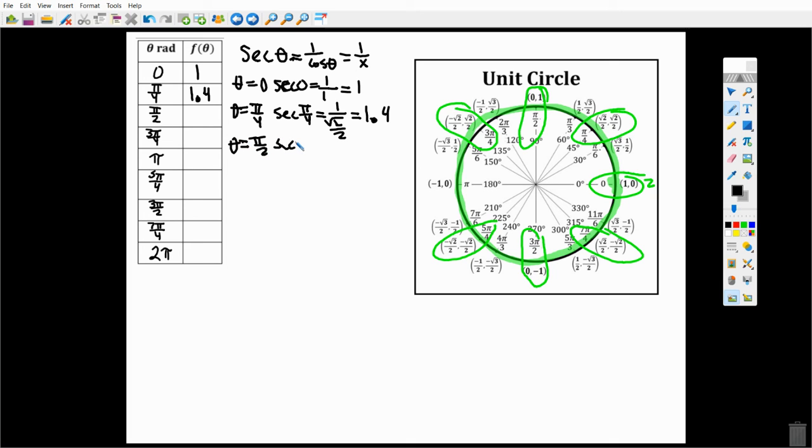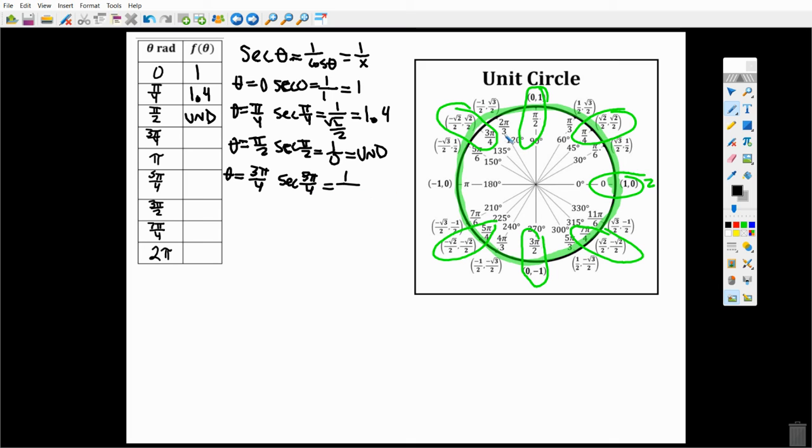At theta equals pi over 2, this is secant of pi over 2. That's 1 over, and pi over 2, that x value is 0, and 1 divided by 0 is undefined. Now if theta equals 3 pi over 4, that's secant of 3 pi over 4.